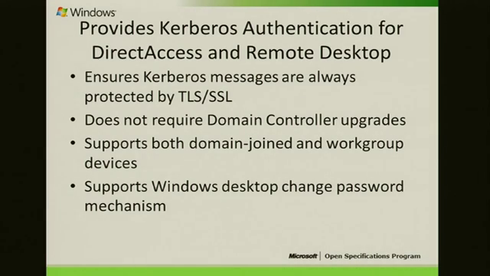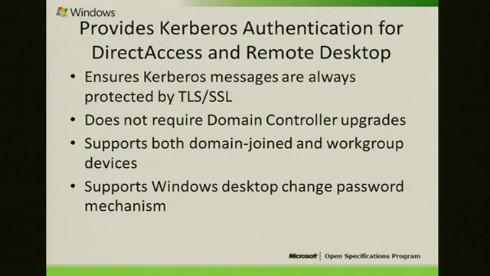Also, a requirement that was very clear to us from direct access and remote desktop is that nobody's updating domain controllers for this. You need to make this work so that any domain controller will work, any KDC will work. Another solution, as far as IAKerb, is that we could armor, but as we saw, armoring requires up-level DCs.